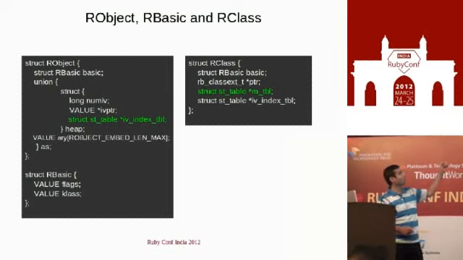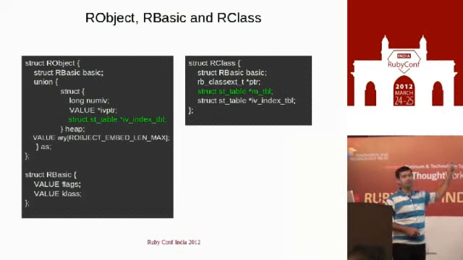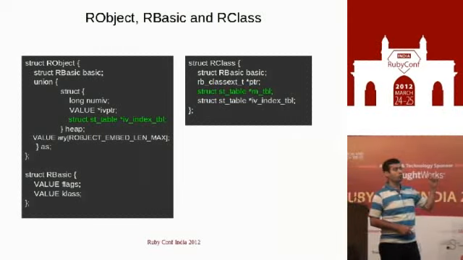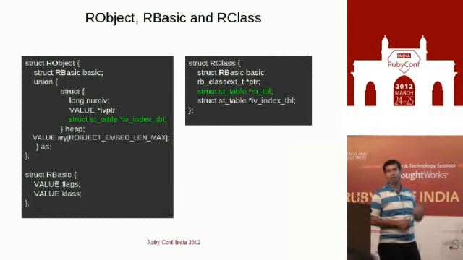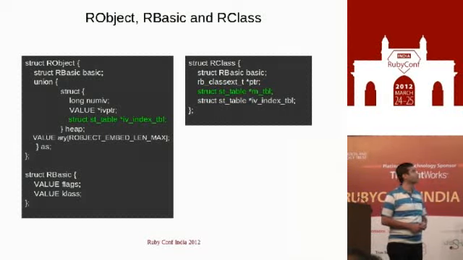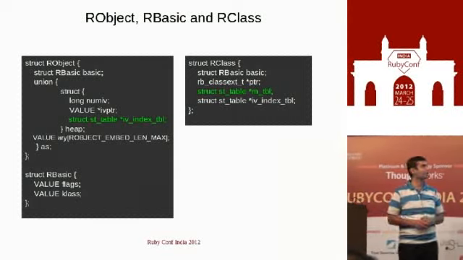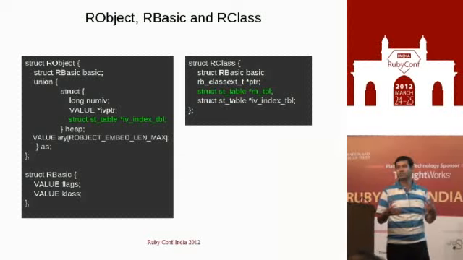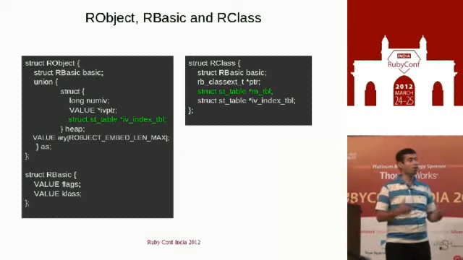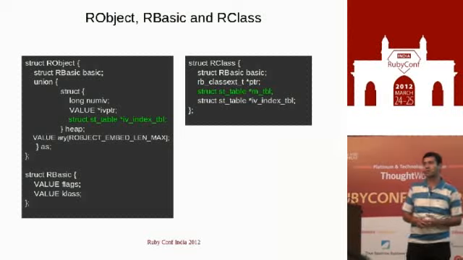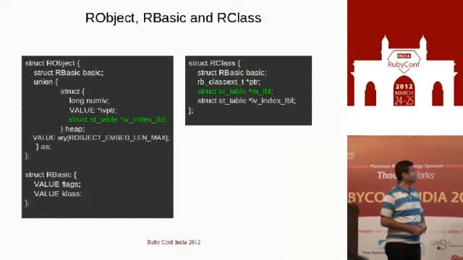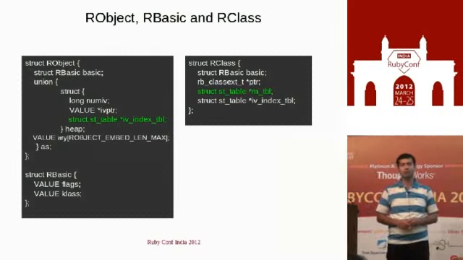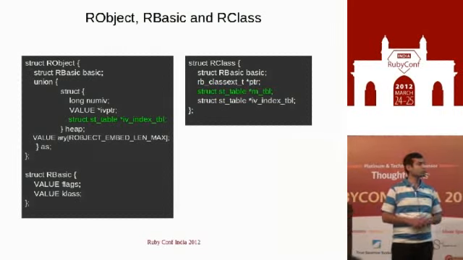RBasic contains two kinds of information called flags and class, and the type is VALUE. We will come to what VALUE is at a later point, but it contains a pointer to an object. Flags are used to store which kind of object it is, whether it's an RObject, an RClass, or an RString. Again, there are things like frozen objects, or we have singleton objects.